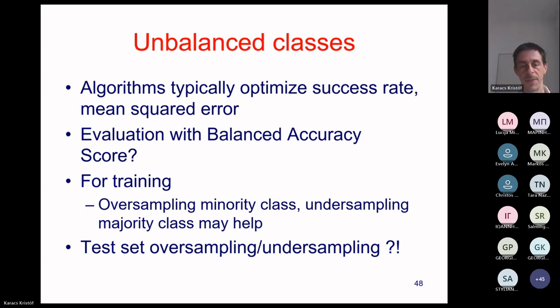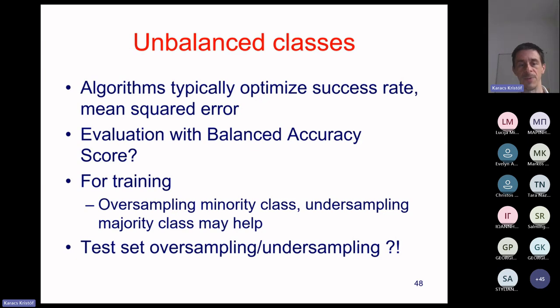And the last thing I would like to mention about evaluation in terms of supervised learning is the case of unbalanced classes. Algorithms typically optimize success rate or the mean squared error, but if your classes are unbalanced, pay attention that taking the balanced accuracy could be a much better choice.